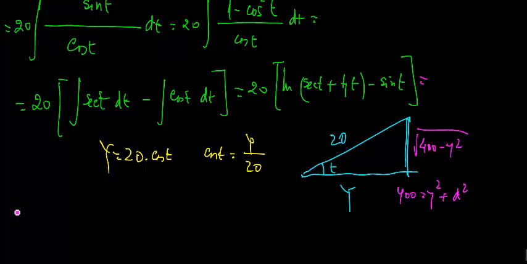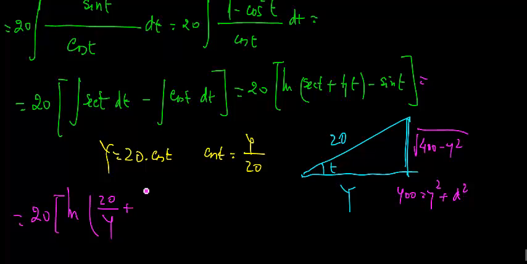So now in this time I can say that 20 natural logarithm of secant of t, which is the inverse of the cosine. If it was the cosine, it would be y over 20, and so in this case it is 20 over y, okay, plus tangent of t.